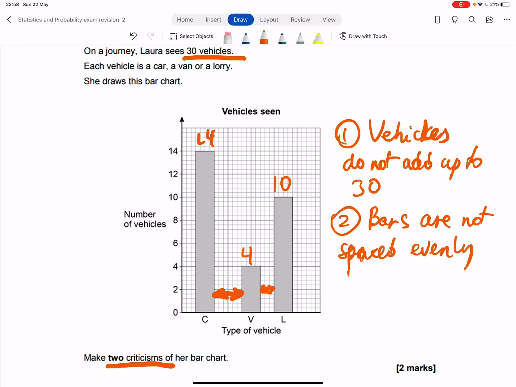Okay, that will be enough to show two criticisms, two mistakes. If you didn't notice about the bars or vehicles, you can also say that the bars are labeled as C, V, and L, and there is no key for that. So you need to give full names for each bar, not just the letters. That also will be a mistake.